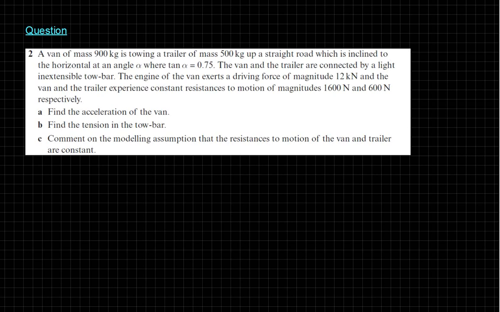Whereas a tow bar, whether you push it or you pull it, is not going to compress or stretch. There's always tension in a tow bar. And the direction of the tension depends on whether you're pulling the tow bar or pushing it. So you really want to get the force diagram correct for this one first before you start your calculations.